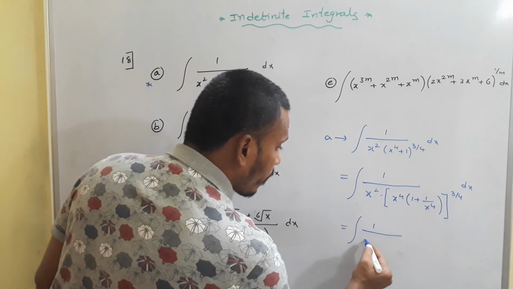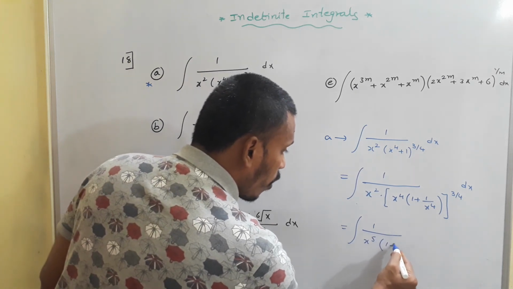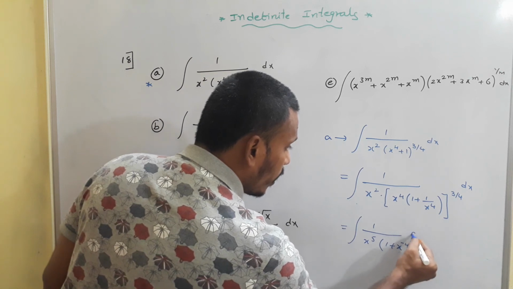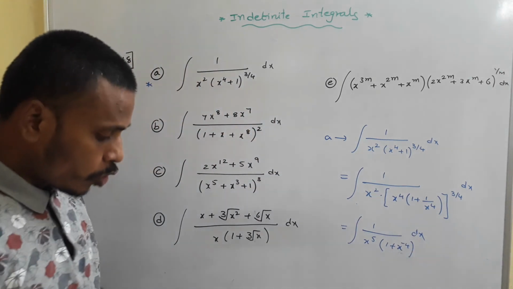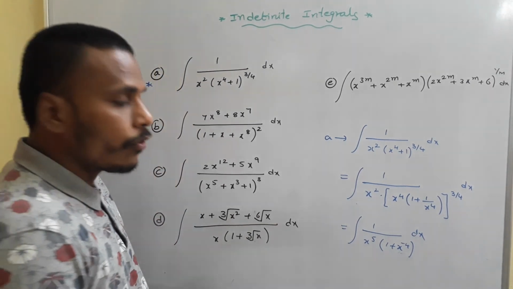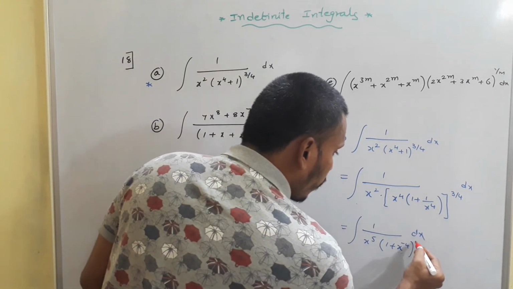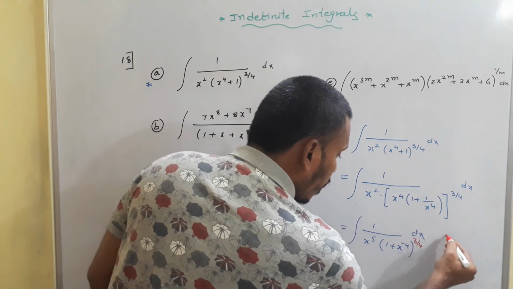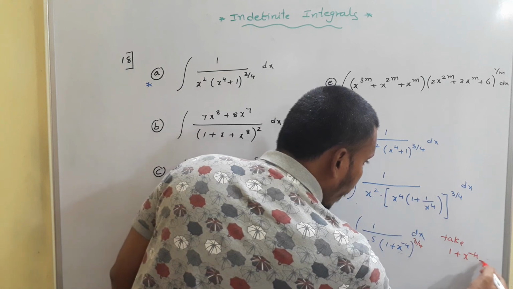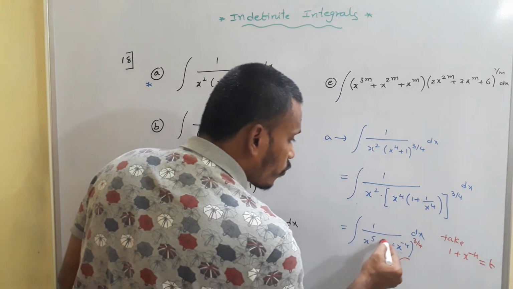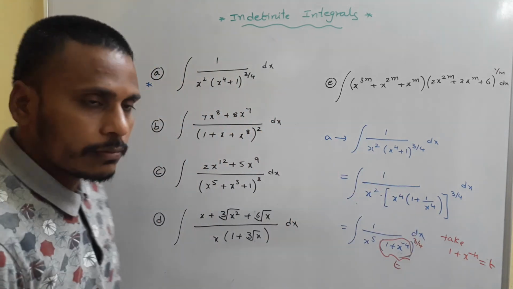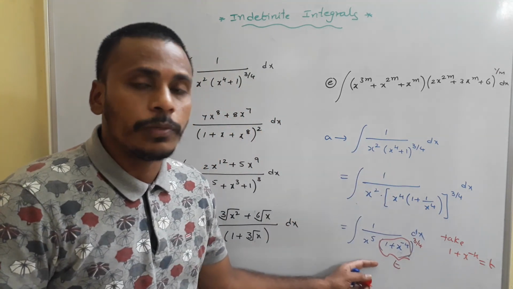So 1 by x power 5 into 1 plus x power minus 4, to the power 3 by 4 dx. After rewriting the given problem in such a way, you just take 1 plus x power minus 4 as t and then proceed in your own way to answer. Then it is easy to answer this bit.